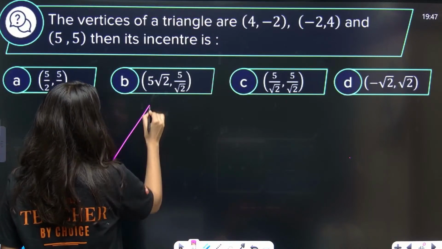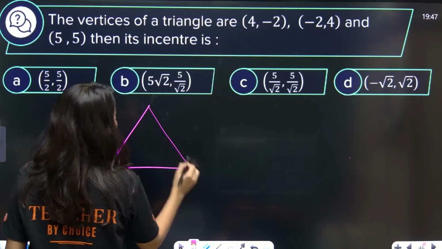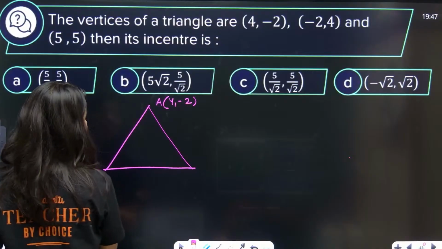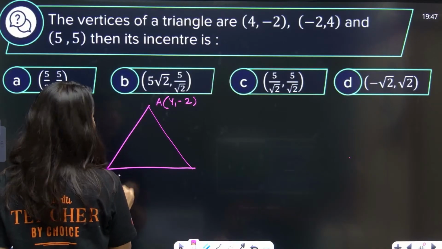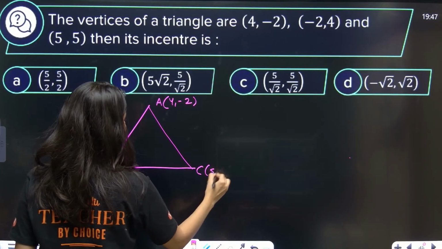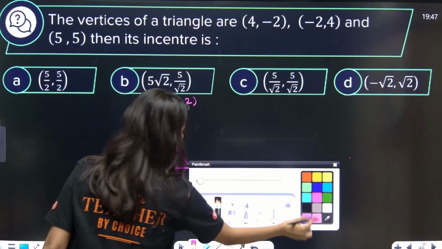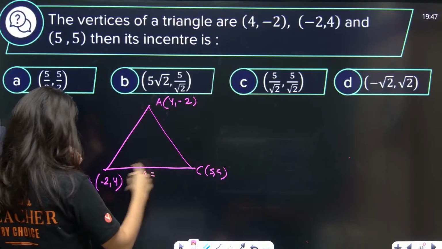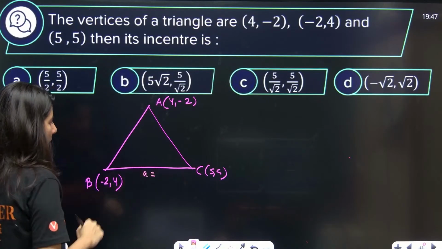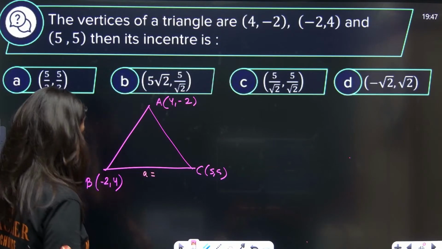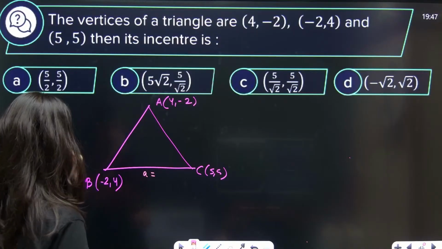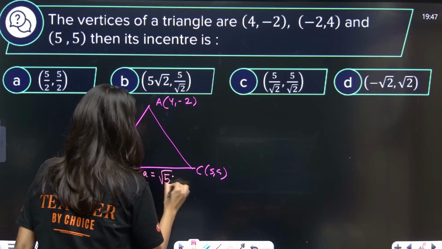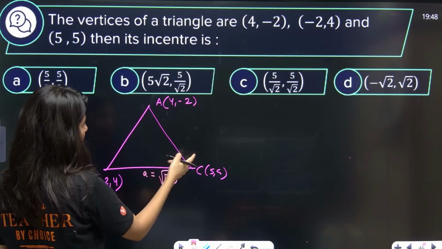So vertices of a triangle are given to you. Let me just mark A is (4, -2), B is (-2, 4), and C is (5, 5). Now help me. This small a is going to be equal to root of 49 plus 1, so root 50.